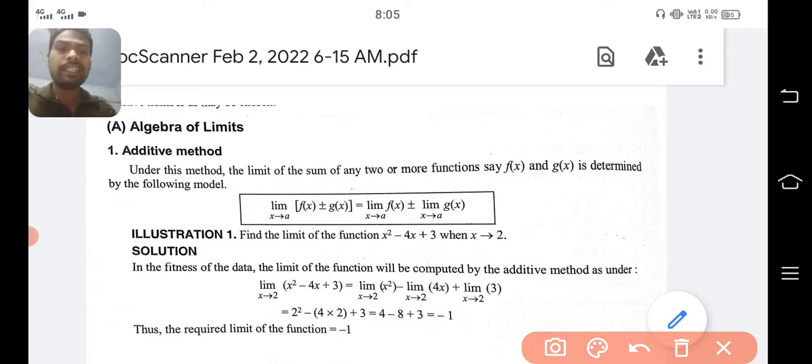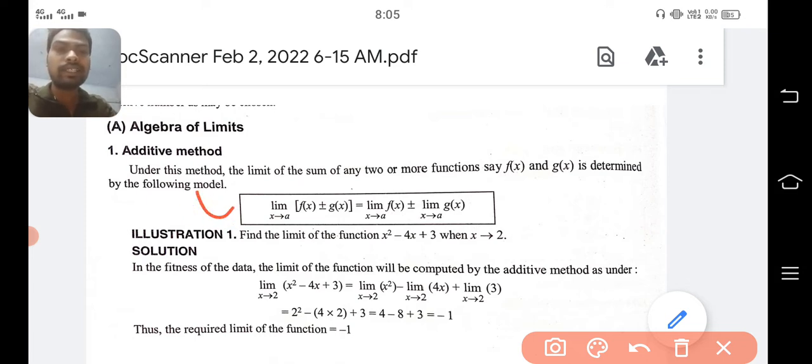Under this additive method, when we have to calculate the limit of a particular function, we will calculate the limit of each particular term separately. If the plus sign is given we put plus, and if the minus sign is given we put minus.